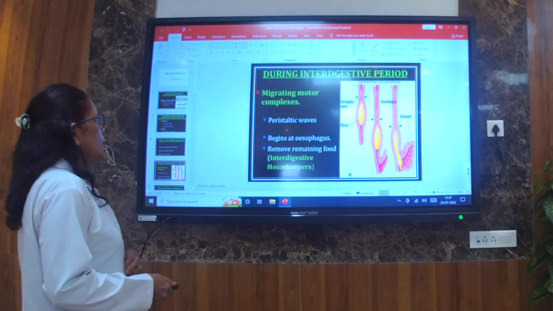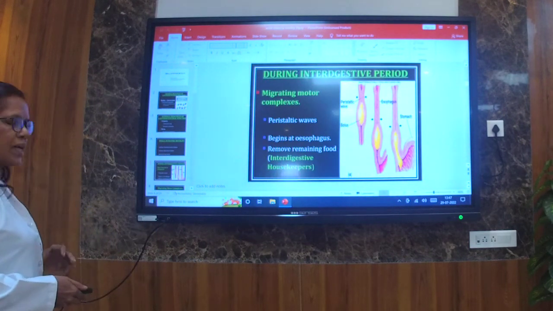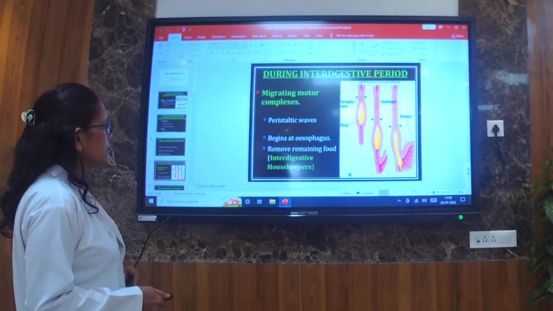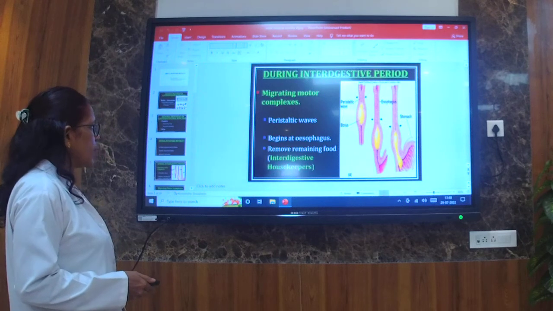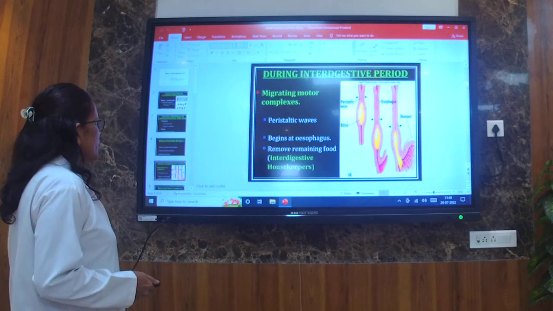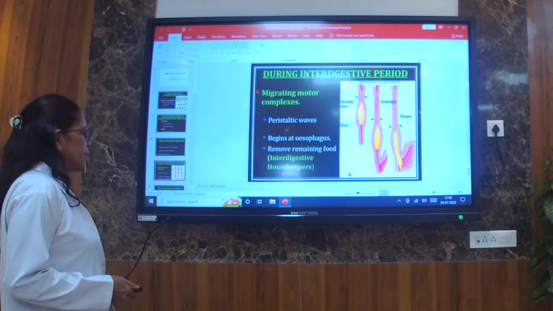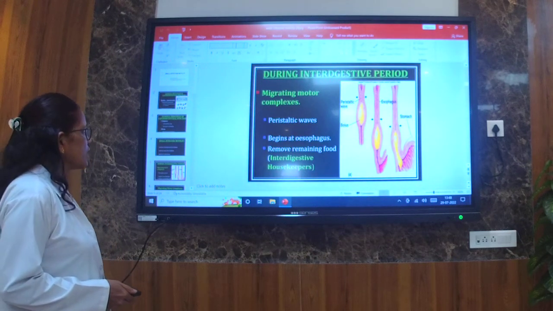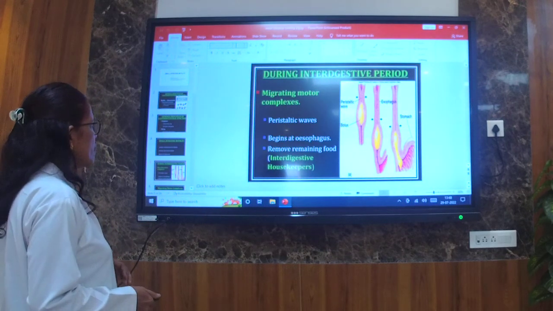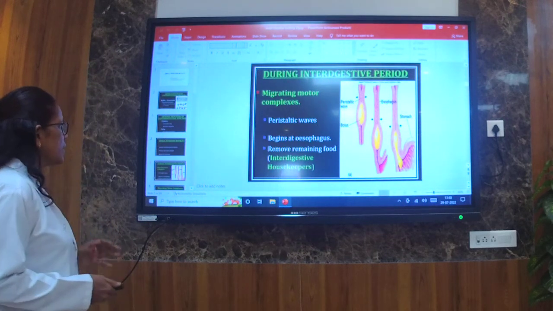Then first we will see what happens during the interdigestive period, when food is present from mouth to esophagus. First is the migrating motor complex. What is the migrating motor complex? It is always present in the empty stomach, or empty GIT.